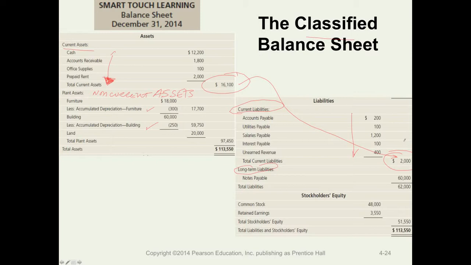So this company, Smart Touch, seems to be pretty liquid. It doesn't seem to have too many problems paying off their current debt. They've got cash of 12,200. They've got receivables. So the company is in a very strong liquidity position, holding all other information constant.